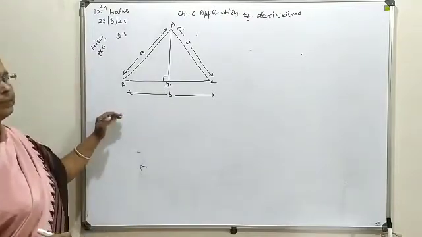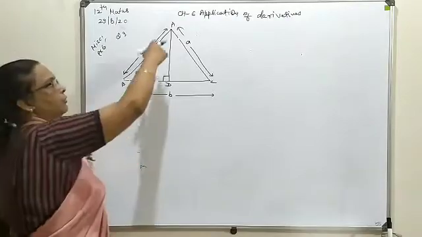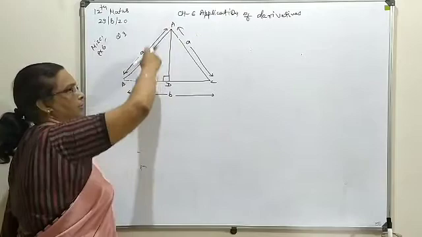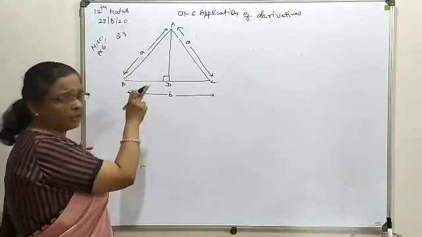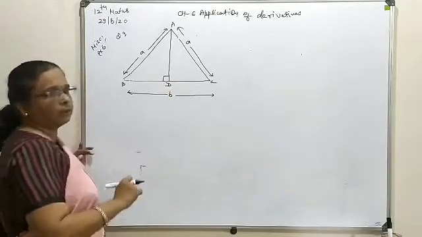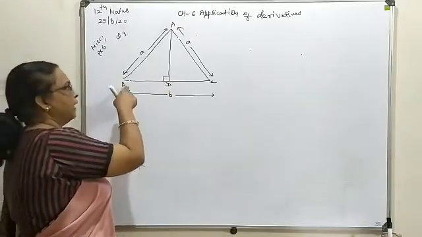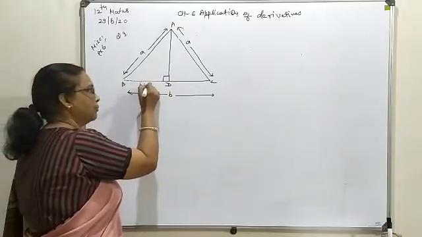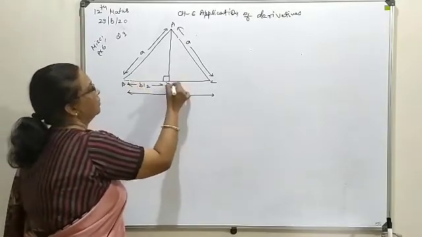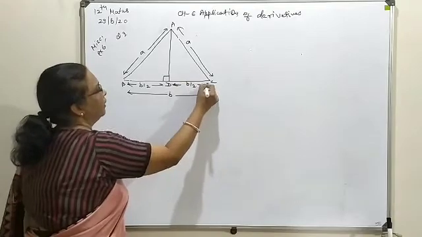This is again a property of the isosceles triangle: if you draw an altitude from the vertex opposite to the base, which is the unequal side, it bisects the third side. Means you can say that BD is B by 2, and CD is also B by 2.